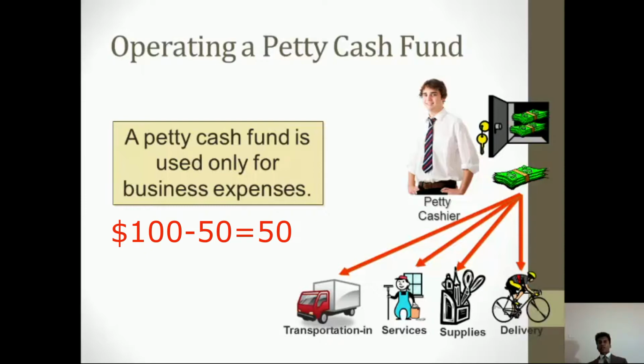Then the company's petty cashier will go to the bank with a $50 cash check and withdraw $50, bring it back and put it into the petty cash vault, so that petty cash balance increases from $50 back to $100. So there's a maximum float and a minimum float, and when it reaches the minimum float, it is the time to replenish that amount back to that maximum float.